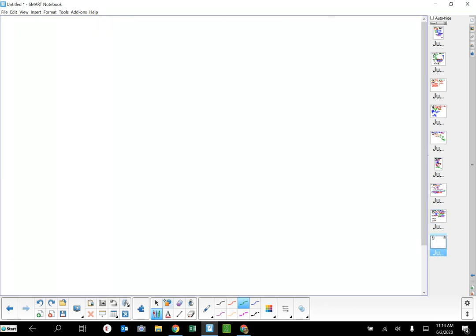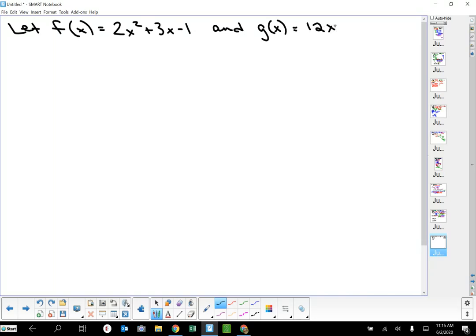Okay, so I'm just going to make up 2 functions here. Let f of x equal 2x squared plus 3x minus 1, and g of x equal 12x minus 5.